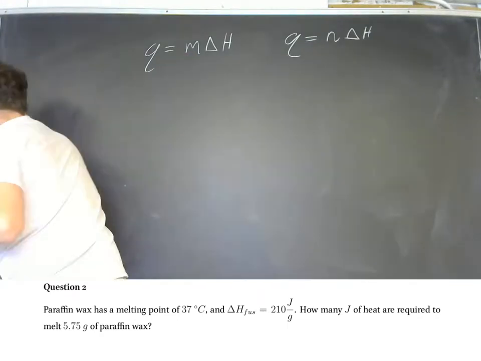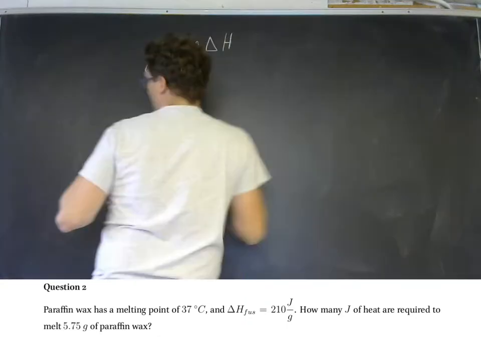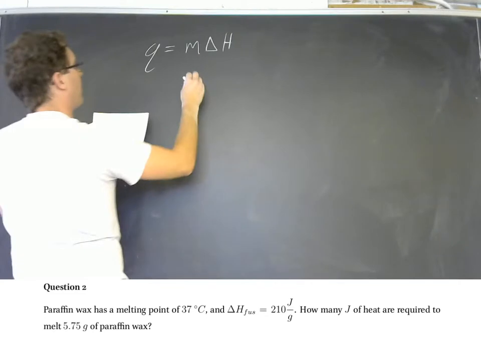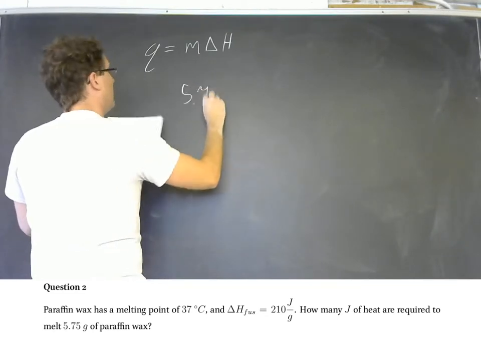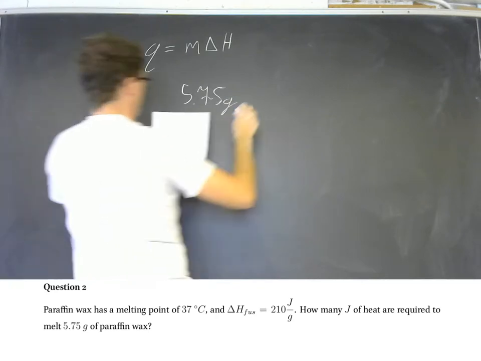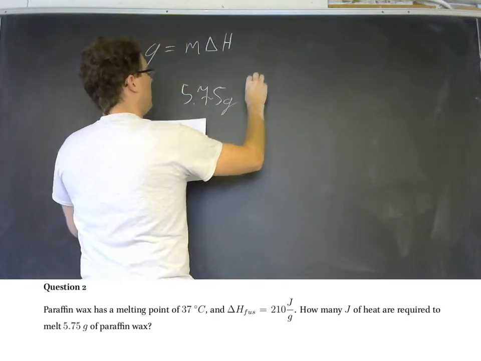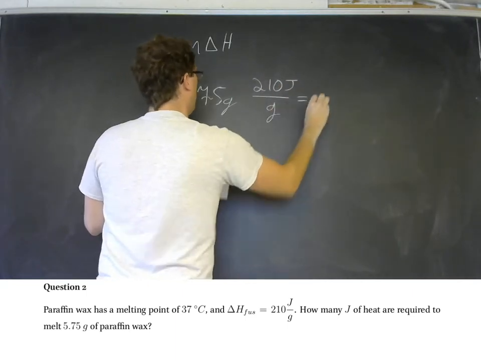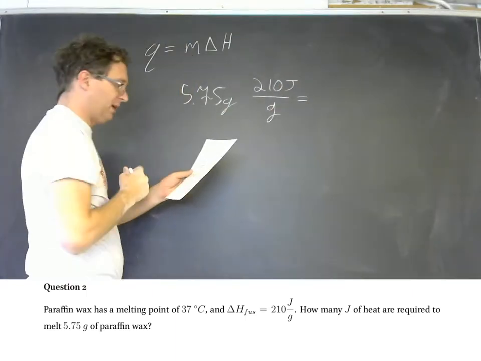And so we want, in this case, to take the mass of paraffin wax, 5.75 grams, times its enthalpy of fusion of 210 joules per gram. Pardon me.